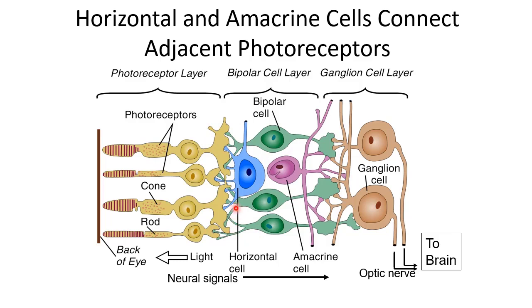So their job is to pass information. You could think of it as like horizontally between photoreceptors or bipolar cell connections at this level. And the amacrine cells do this at the level where the bipolar cells contact the ganglion cells. So this allows kind of crosstalk between nearby photoreceptors or crosstalk between nearby ganglion cells. That's the important thing to know here.